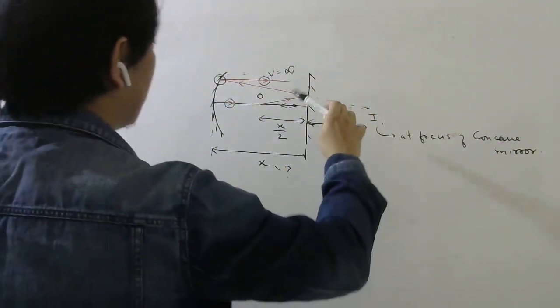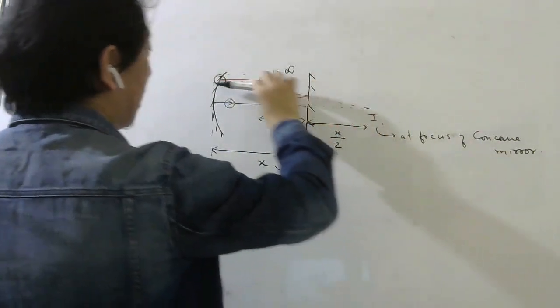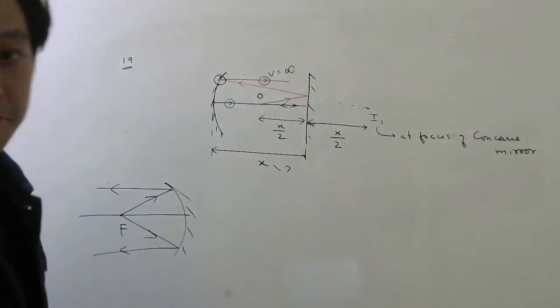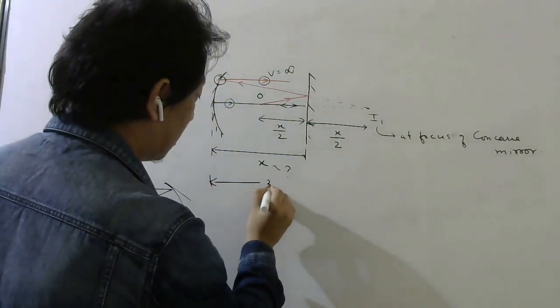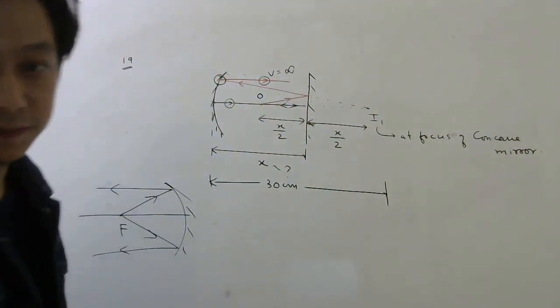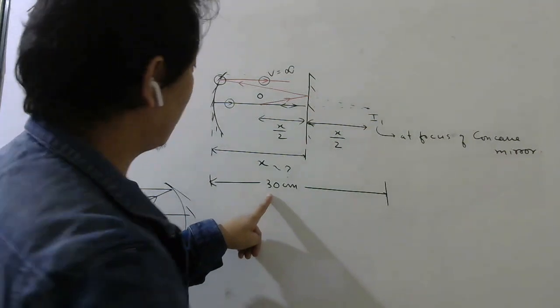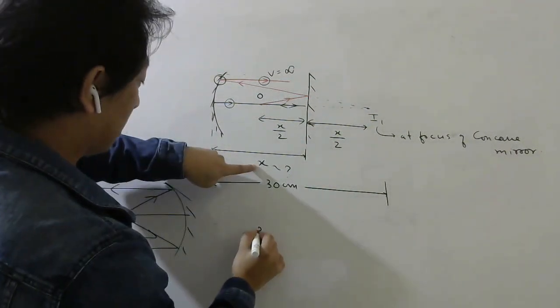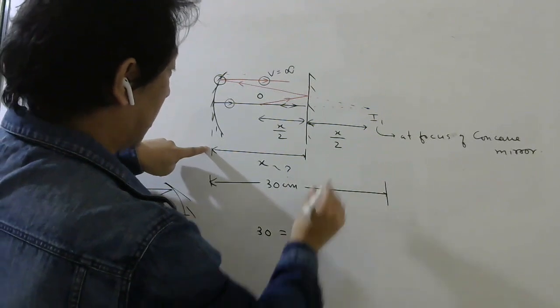Only then this light will appear to come from the focus like this and then it will go to infinity. That means this distance must be 30 centimeter, because the focal length was given as 30 centimeter. So now you can see 30 must be equal to this x plus this x by 2.